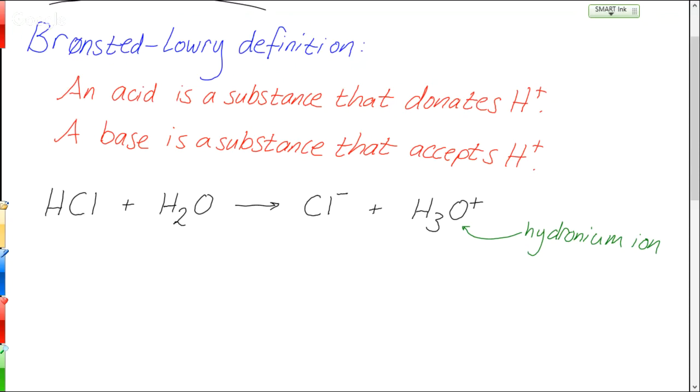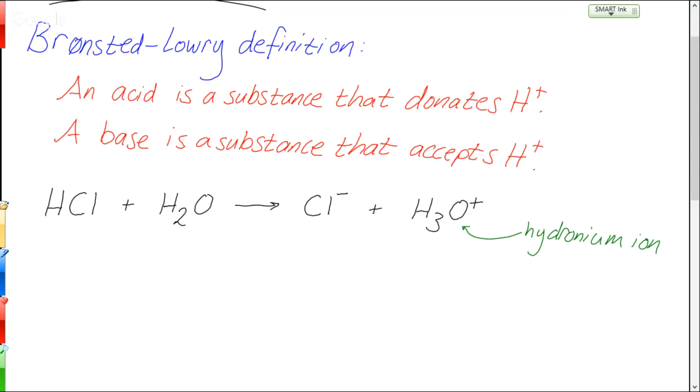In this particular reaction here, what is acting as an acid? What is donating H+? So we can look at the two reactants and decide which one is getting rid of a hydrogen ion. The HCl. Does everybody see that? So it starts as HCl, goes through the reaction, and on the other side, it's just Cl-. The H+ has been donated to the H2O. See how it's transferred?